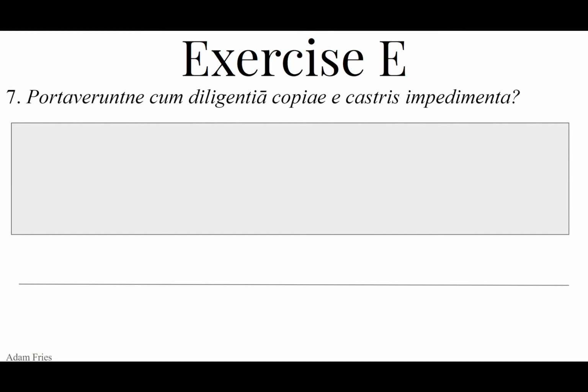It is a pain in the neck. So, do we have a subject? I think we do. The forces. Did the forces carry the baggage from the camp, out of the camp, with diligence, with care, with attention? Did they do that thing? Yes or no?